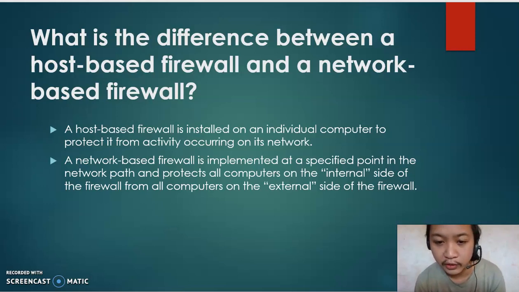So a network-based firewall is also implemented at a specified point in the network. These are web programs. Google or other companies develop a web program that filters the data coming from anything, so that the only data it is sending you is legitimate data.